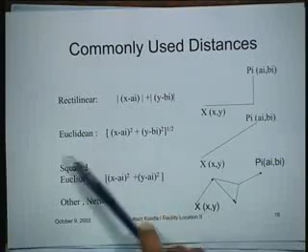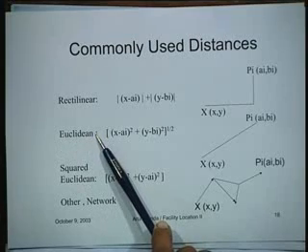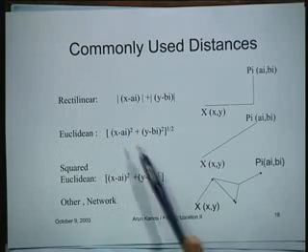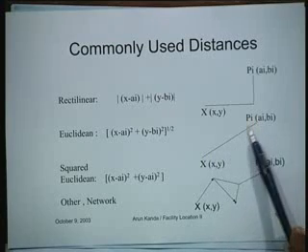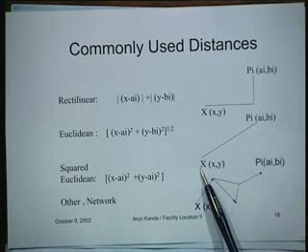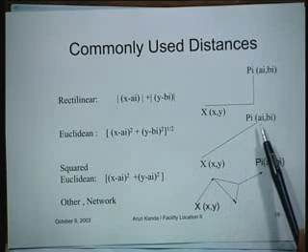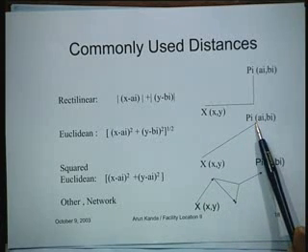The next important distance that we consider is what we call the Euclidean distance measure. The Euclidean distance measure is the shortest distance between 2 points. This is the Euclidean distance from the point x, which you want to determine, to the existing facility Pi, with coordinates ai, bi.